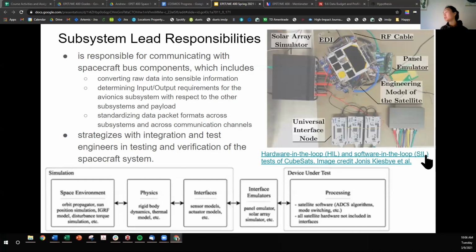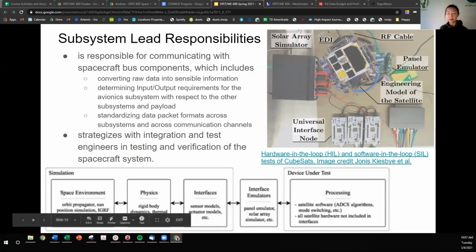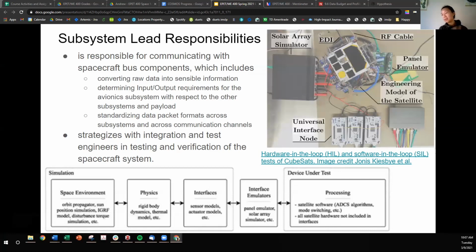It's good to do these kinds of tests, like software in the loop and then hardware in the loop, to incrementally test out and debug any kinks in your software, but also in your hardware design. There is a video in the textbook that maybe you've watched where an engineer talks about the significance of doing these software and hardware in the loop tests.